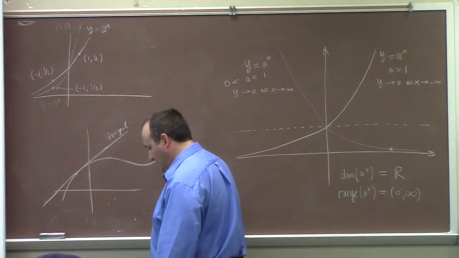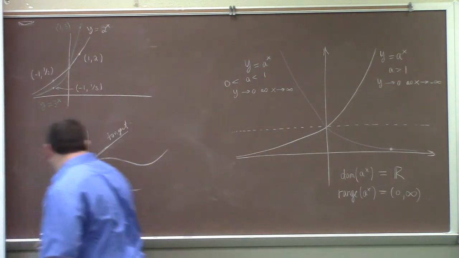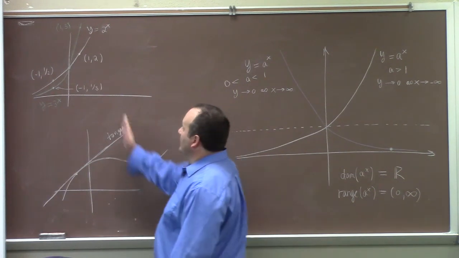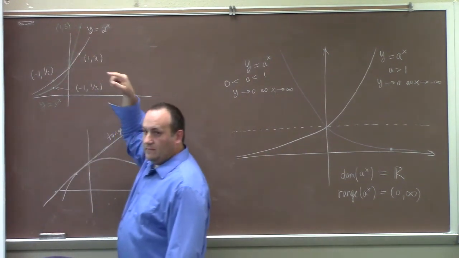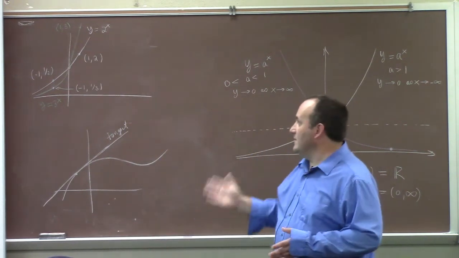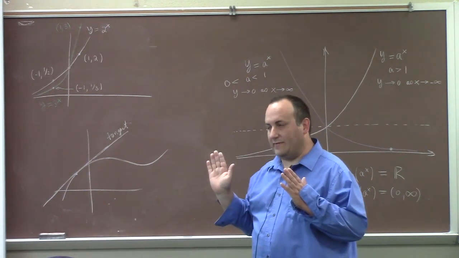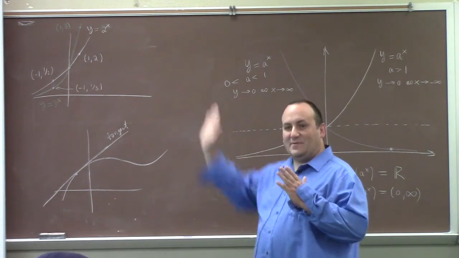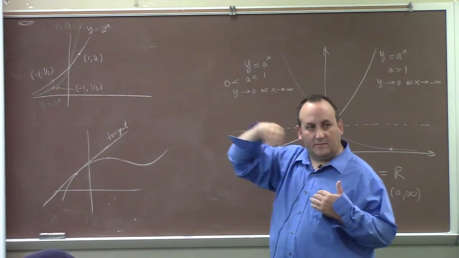So the tangent line to the green graph and the tangent line to the white graph here, they're related. They're not the same. Certainly the tangent line to the green graph is much steeper. The tangent line to the 2 to the x is more shallow.